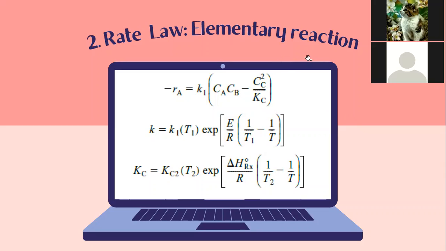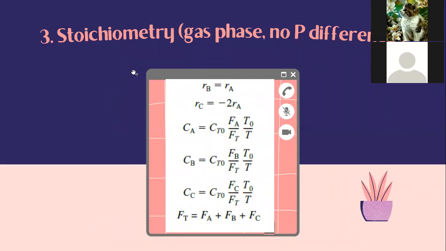Remember, in this example we use an elementary reaction, and we get negative rA is equal to k1 times CA CB minus CC squared over KC, and we find k, which is equal to this equation, and for KC the equation is KC2 multiplied with exponent of delta heat of reaction over gas constant multiplied with 1 over T2 minus 1 over T. The next step is stoichiometry, which in PFR is gas phase with no pressure difference.